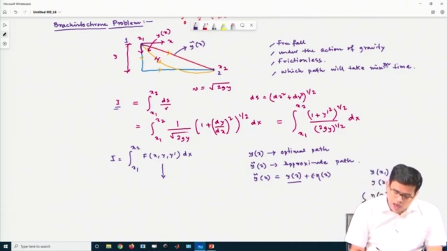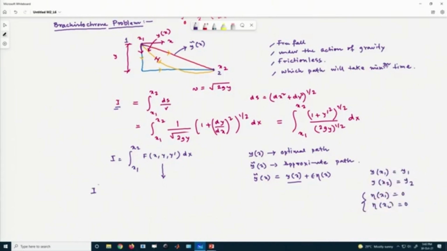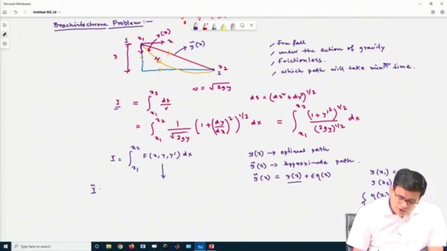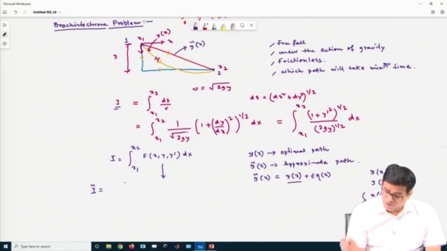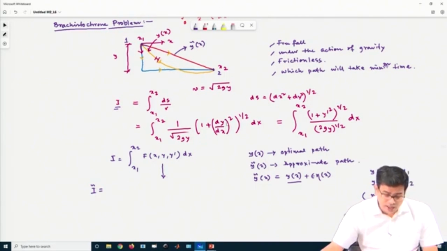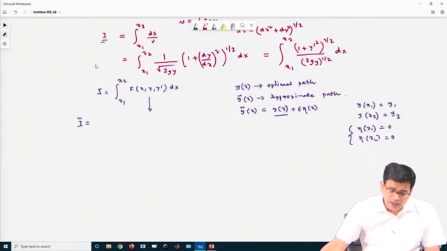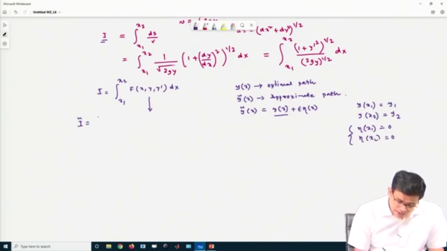Now I can write my functional as I tilde, because I do not know the function y. So I can write this functional as the integral from x1 to x2 of f of x, y tilde, y tilde dash.